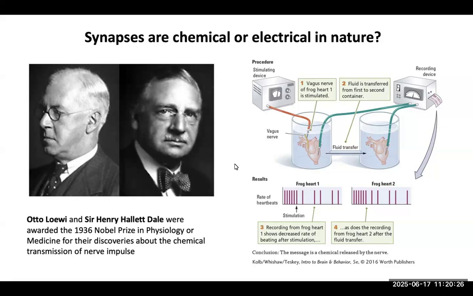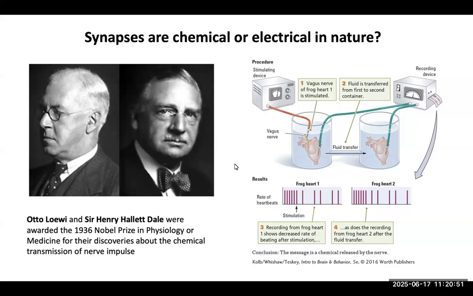So they were doing the stimulation and they could see that vagus nerve stimulation really releases these chemicals, like epinephrine or norepinephrine, depending on the frequency. And in this case, it reduced the heart rate, right? And so they saw that the one that had the intact vagus nerve, you do the stimulation and you'll see the same response in the other heart as well. So there's something in the fluid that got transferred, right?